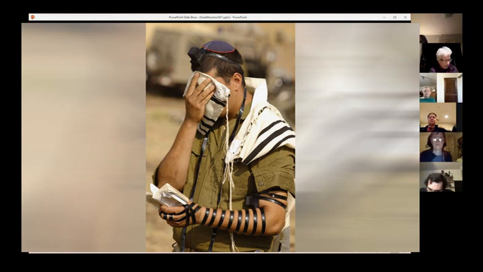It can't be typed, and they're quite literally binding these words on the back of their hand, and then they'll do the same with a phylactery box that they'll put right on the forehead and tie it around their head. And in that box is this verse and two others.